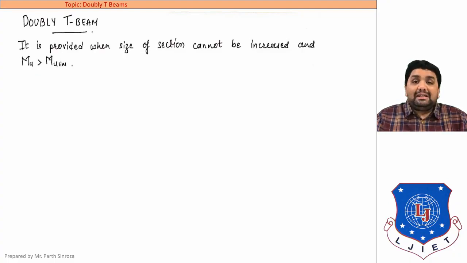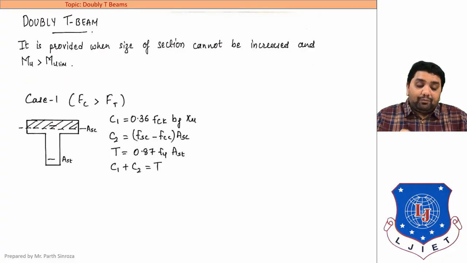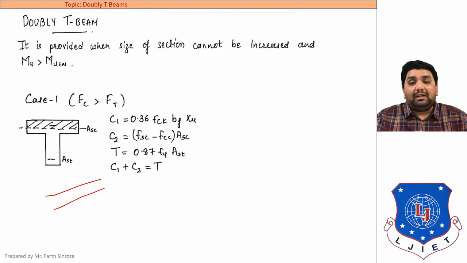Okay, so basically there are two types of cases that will be seen in this case. The first case will be FC greater than FT. The basic difference between a singly T beam and a doubly T beam is that in singly there were three cases we were discussing. The first one was FC greater than FT, the second one was FC equal to FT, and the third one was FC less than FT.